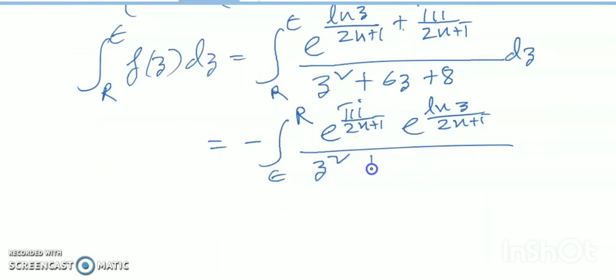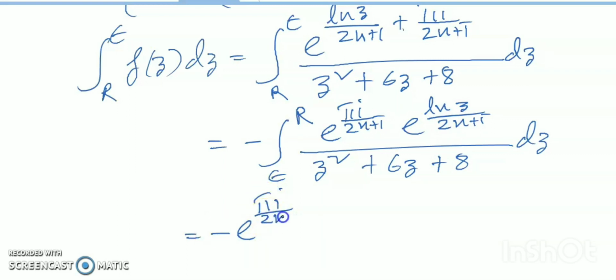Okay, no problem. Now it can be written as minus e to the power pi I divided by 2n plus 1, integration epsilon to R f(z) dz.